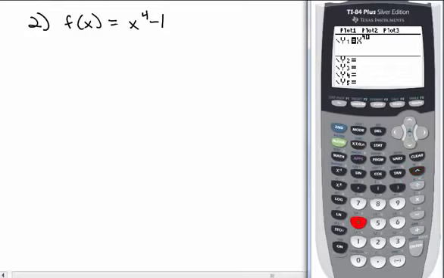In some calculators it'll stick you in an exponent, in other calculators it'll actually draw the little caret symbol. If you are physically up in the exponent, you need to scroll over to get out of the exponent. Minus 1, and then we hit graph.